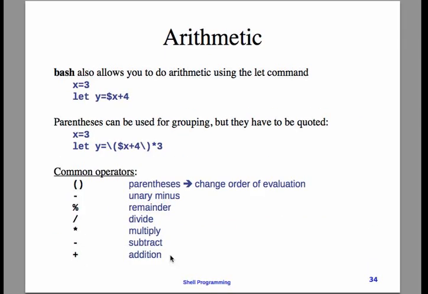Like we said before, you can also use the let operator, and this is fine too. It's readable, I would say, and the main thing here is which of these are most readable. You can use let y is equal to $x plus 4. Here you have to be careful that you should not have spaces.